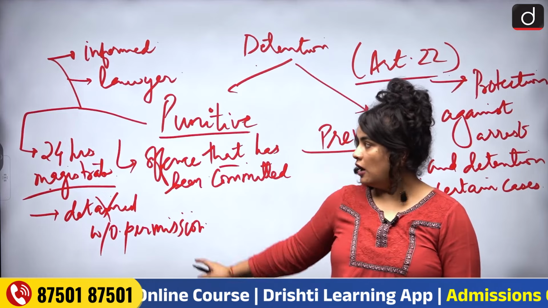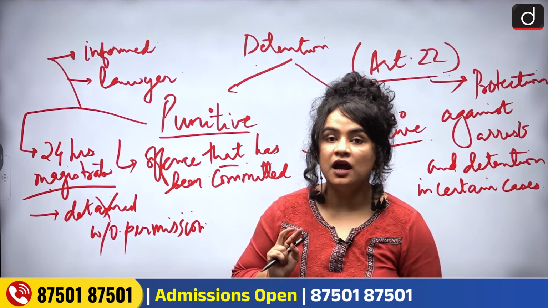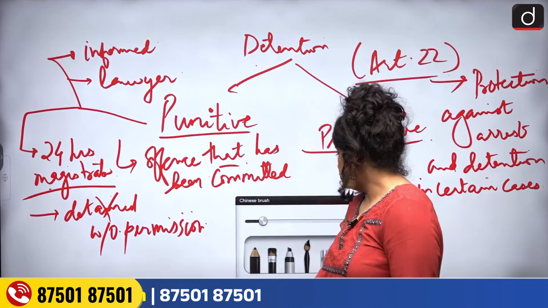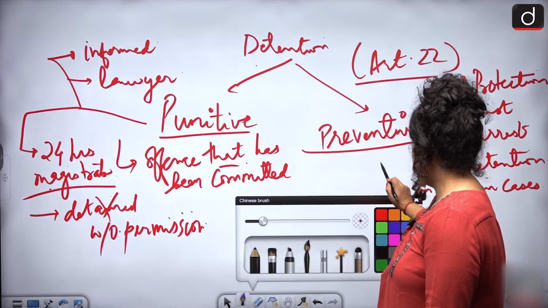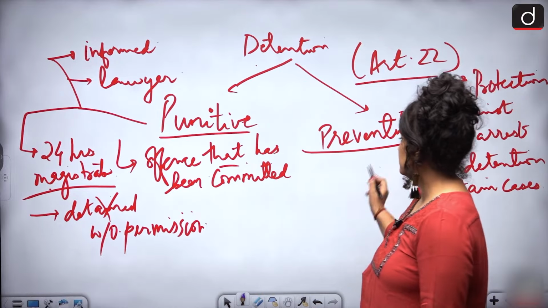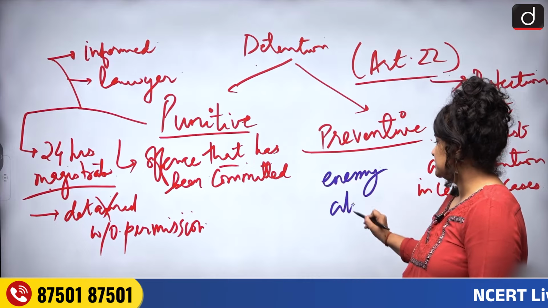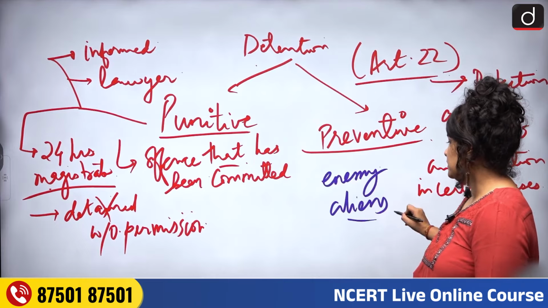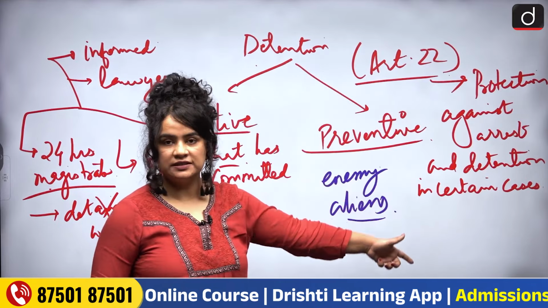However, all these rights do not apply in two cases. What are the two cases? These rights do not apply when we are dealing with enemy aliens, all right? Foreigners that belong to countries with which India has had wars in the past, all right?